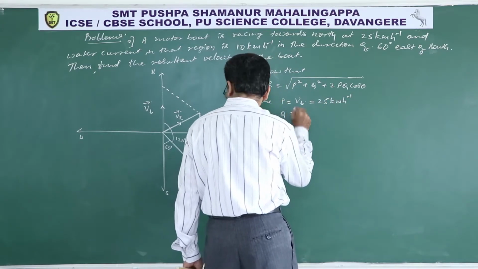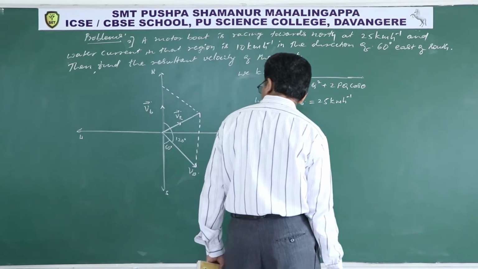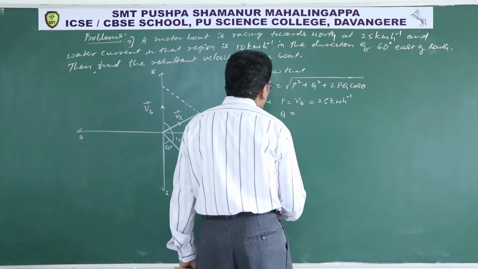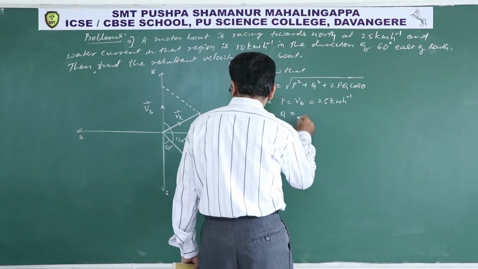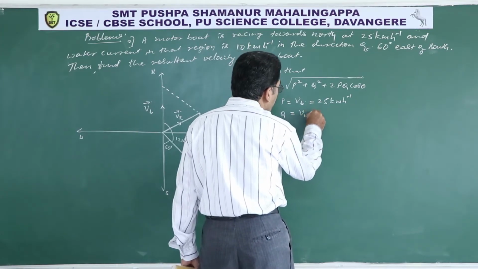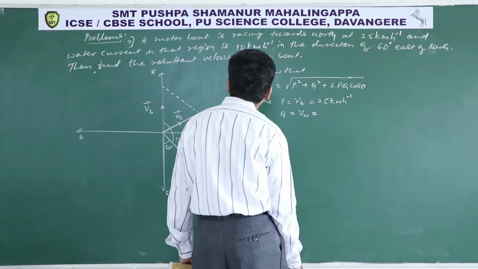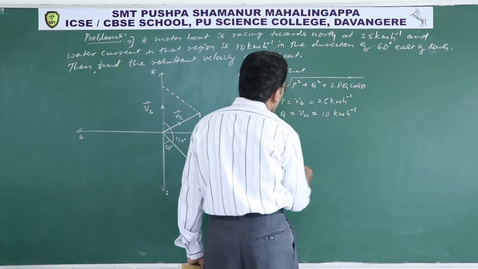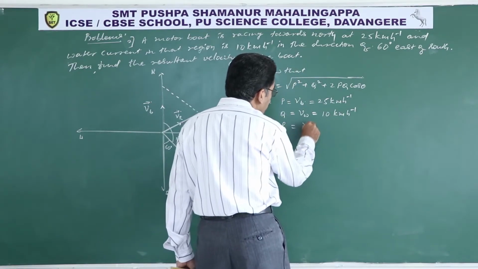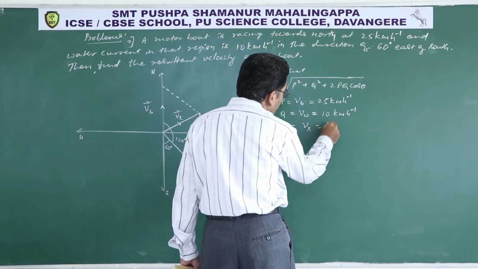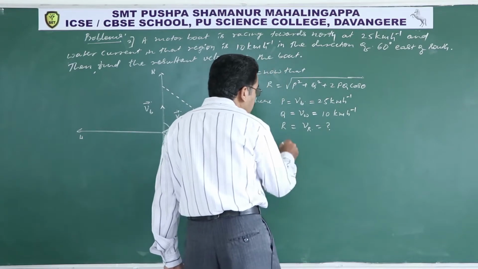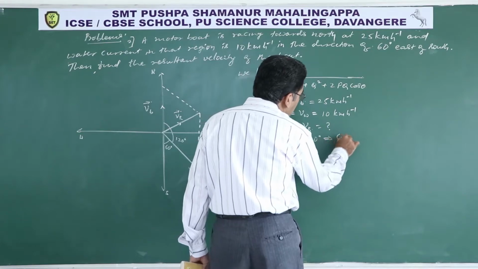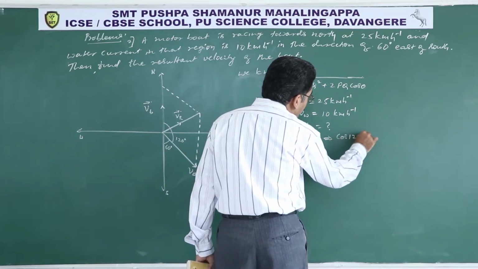And Q is VW, the velocity of water, which is 10 km per hour. R is taken as VR, the resultant, that you have to find out. And theta is 120 degree, which implies cos 120 is equal to minus half.